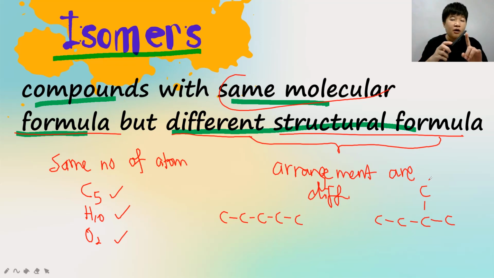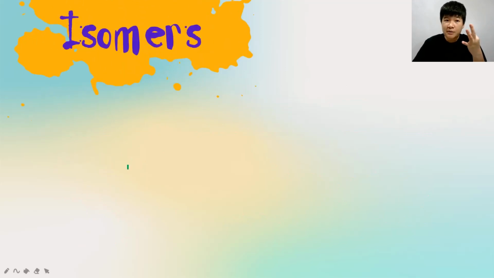The number of atoms of each and every type of atom will remain the same, but only the arrangements are different. Those are isomers. There is no reaction. Bear that in mind, there is no reaction. That's why the number of carbon, hydrogen, oxygen, or any atom in your molecule shall never change.